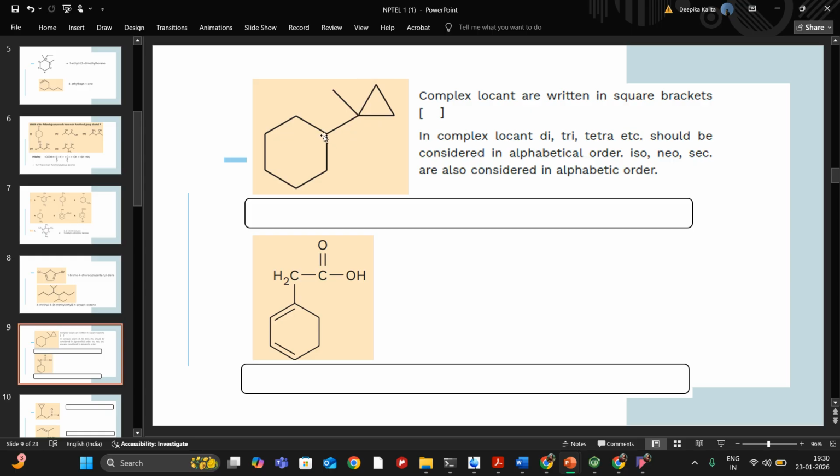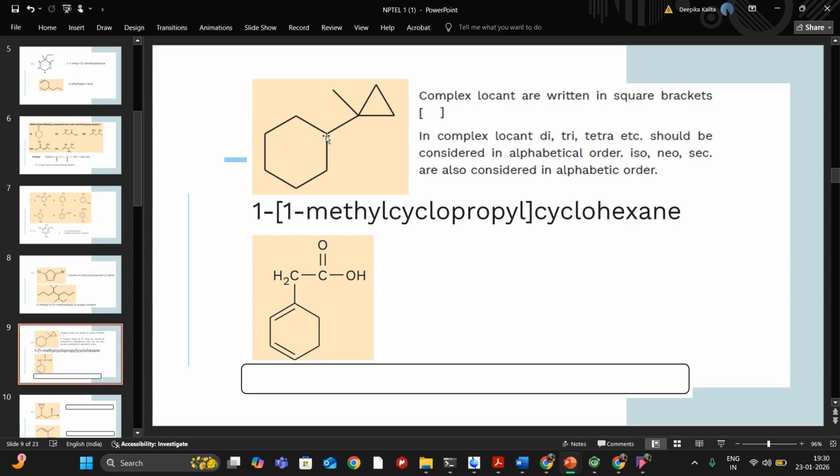We will consider this carbon as the number 1 carbon. Hence, this ring will be 1, and in the bracket we will put the nomenclature of this substituent. If we try to solve only the name of this substituent, this is 1-methyl cyclopropyl.